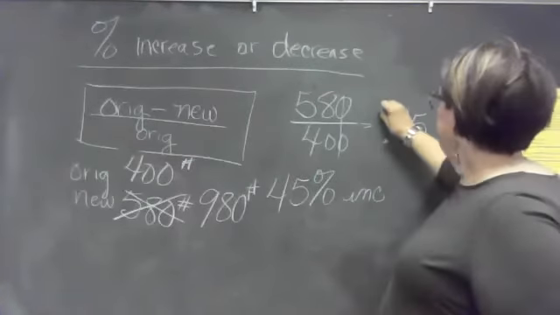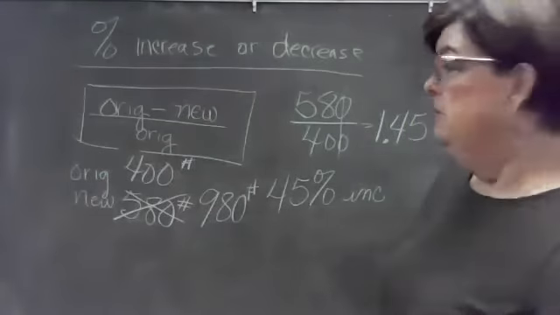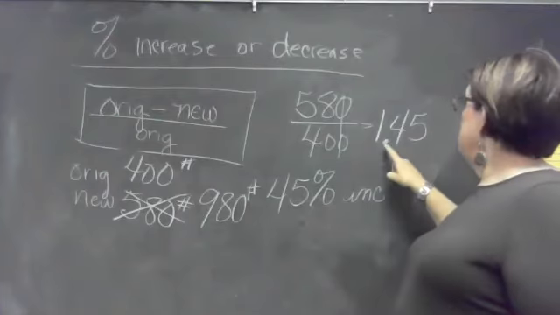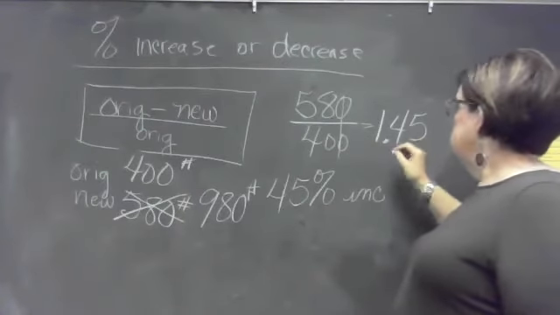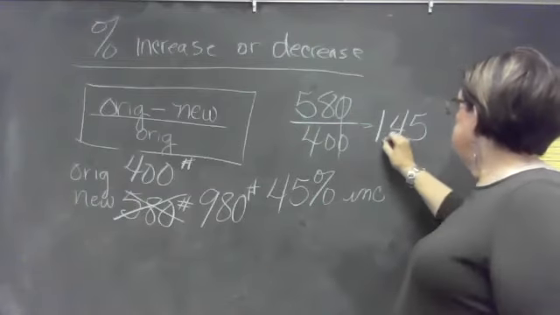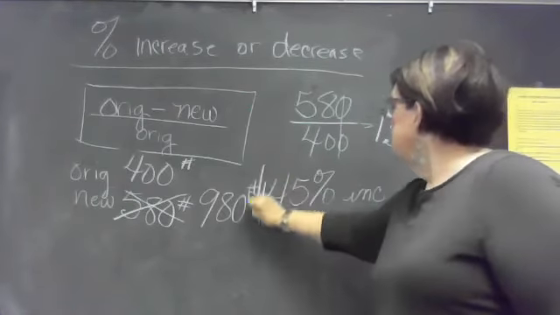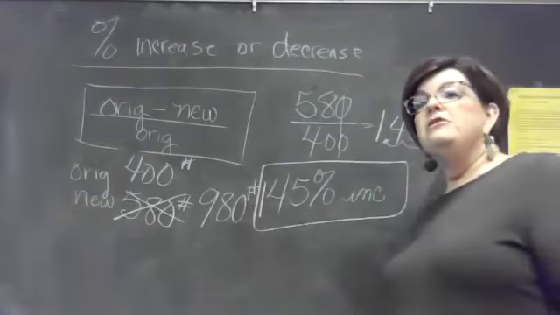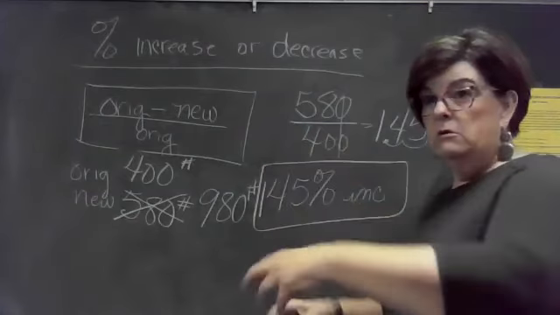So when you move this two places, don't try to make it something else. Just move two places again, which makes it 145%, because they're talking about the total soil that's on the ground, on the garden.